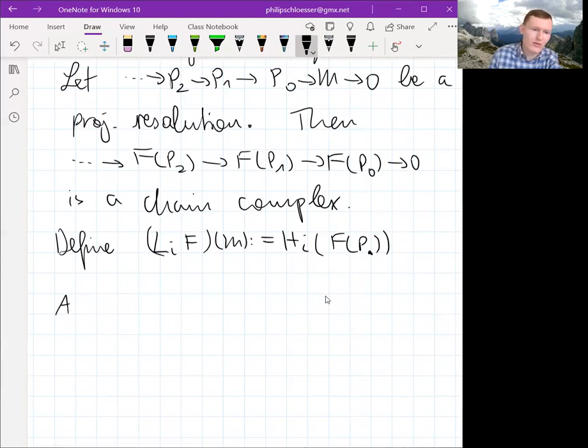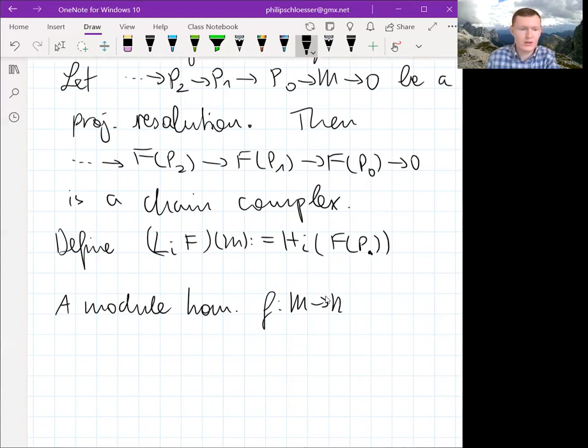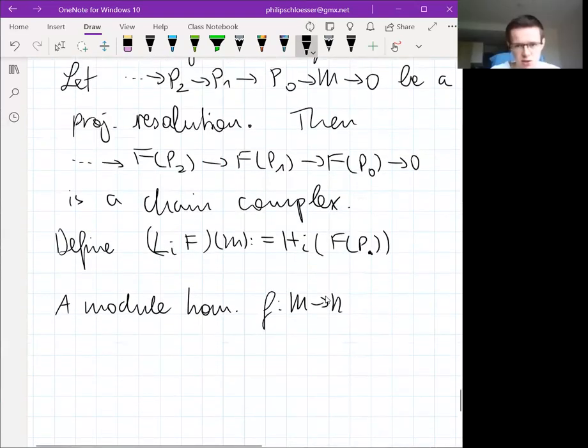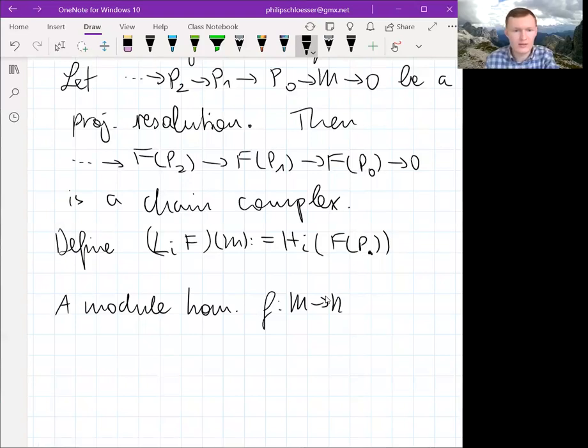If we now have a module homomorphism f from M to N. F(P.) is just the notation of the complex. People are usually a bit ambivalent about whether they want to write a dot there or not. In this case, I did it. Just a notation. So such a module homomorphism lifts to a chain map.